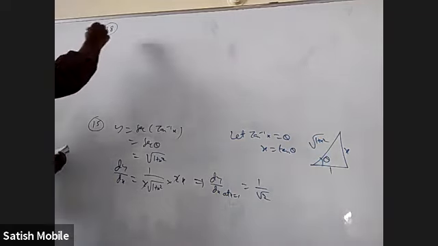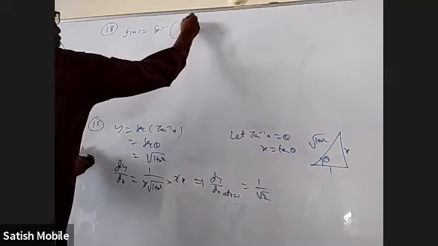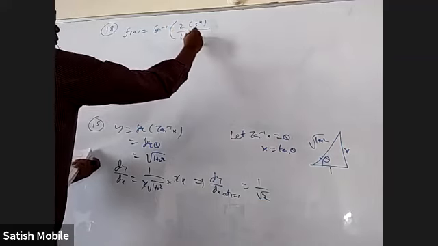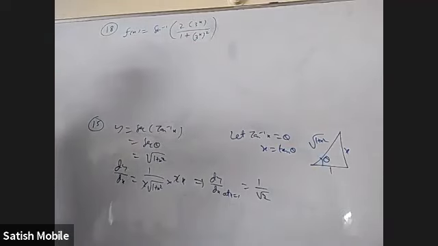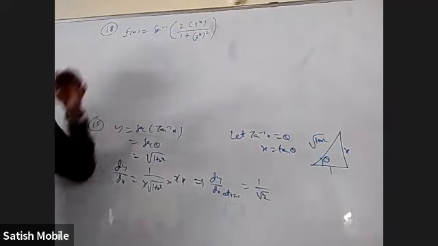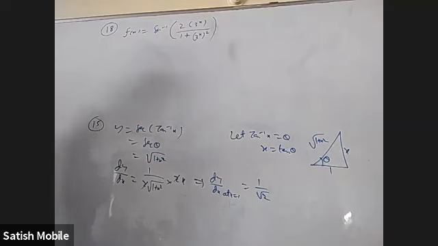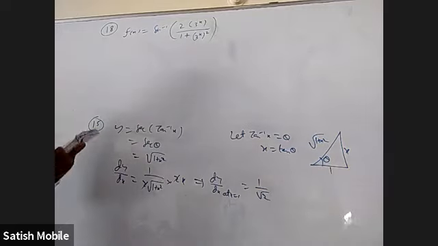Okay, 18. F of x is equal to sine inverse of 2 into 3 power x by 1 plus 9 power x they gave. I can write 9 power x as 3 power x whole square. When you look at this, does anybody remember any formula in trigonometry? Yeah, sine 2 theta formula is 2 tan theta by 1 plus tan square theta.